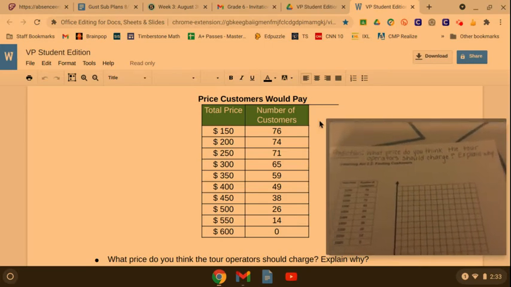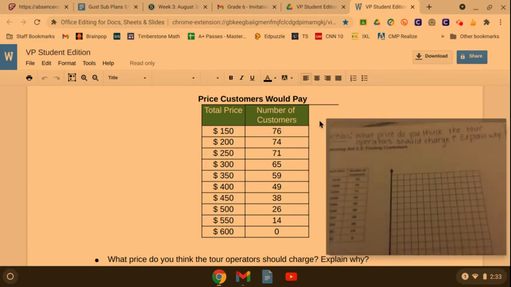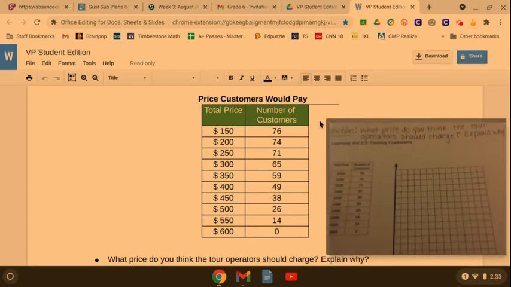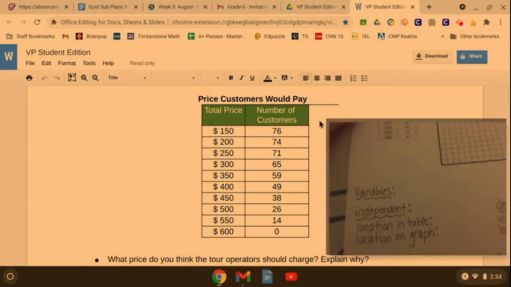Okay, so at the top of your paper, you have your prediction. What do you think the tour operators should charge and why? You have your table, and then I'm going to have you add down at the bottom some notes. If you can write down variables, and then independent, location in the table, location on the graph.